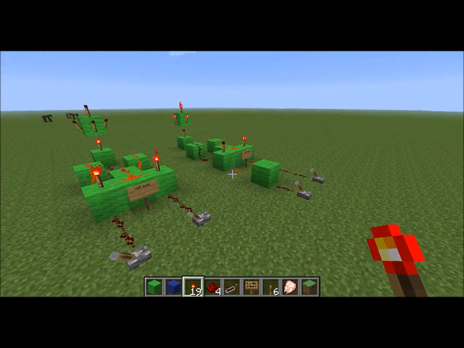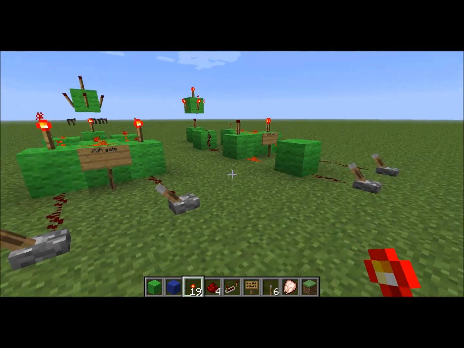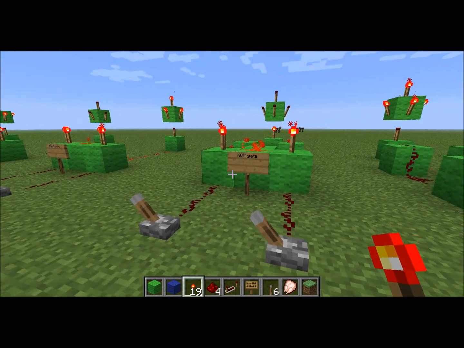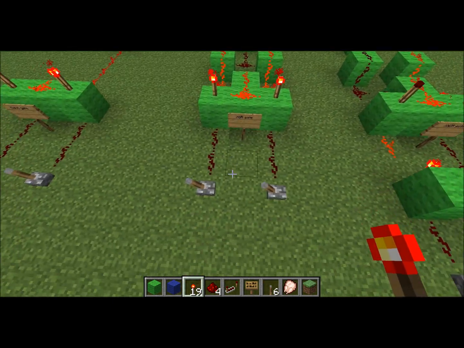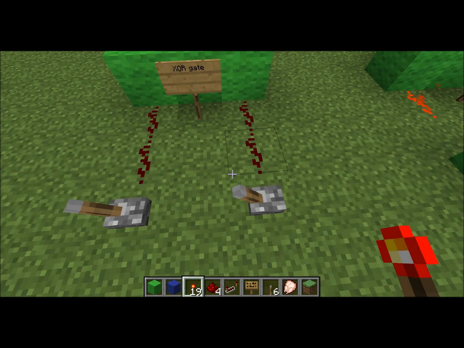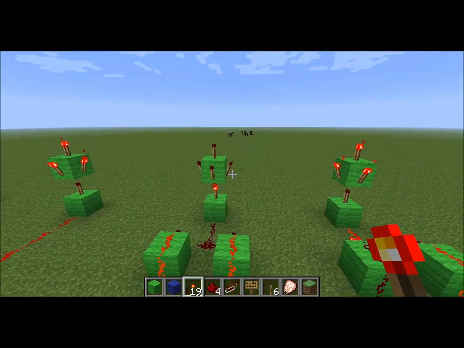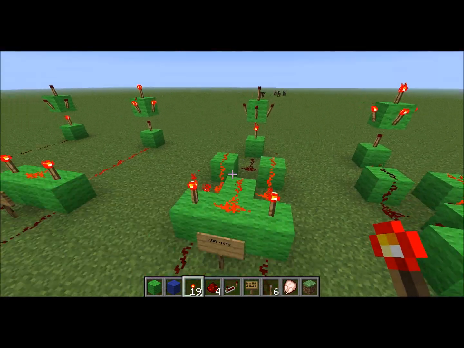Okay, the next one is an XOR gate. This is where things get complicated. This is on the higher end of complicated logic gates. So with this one, if these are different, like if that is a 1 and that is a 0, then the output will be a 1. But if both of them are the same, it'll be a 0.